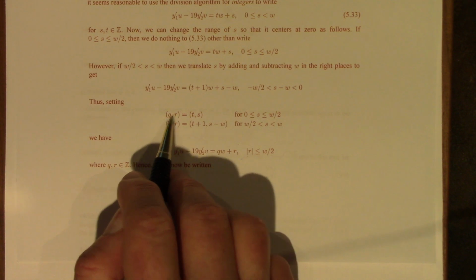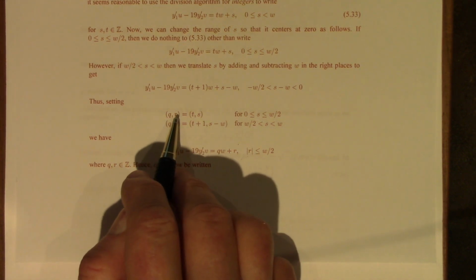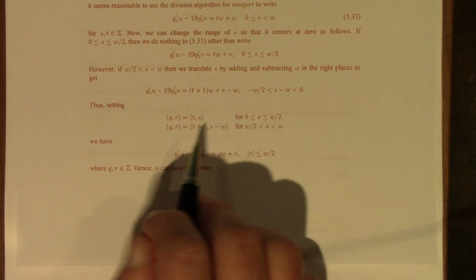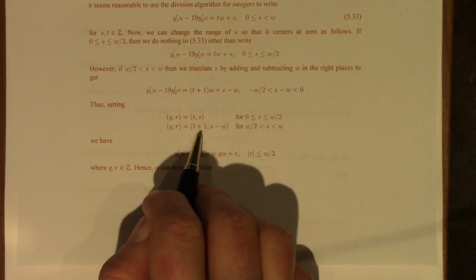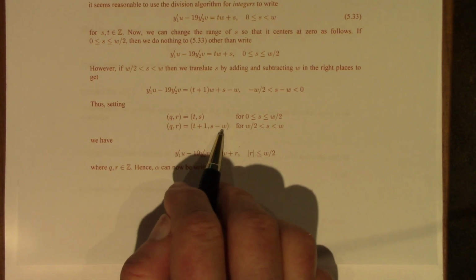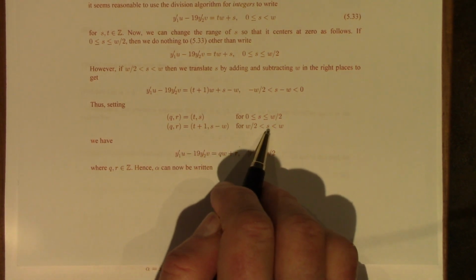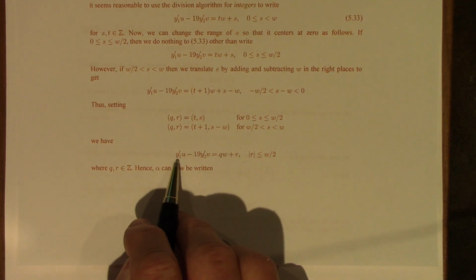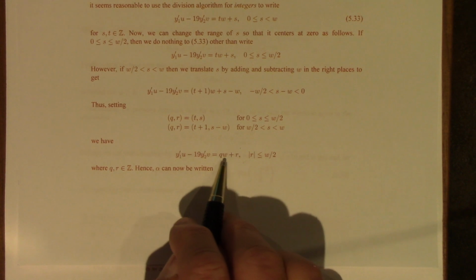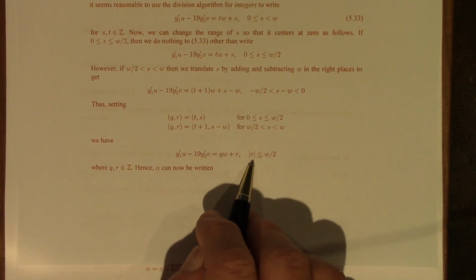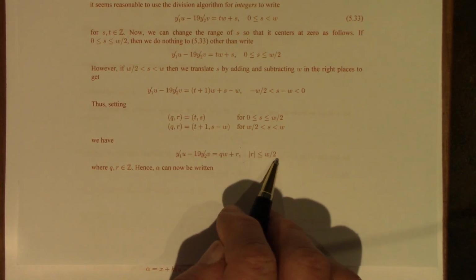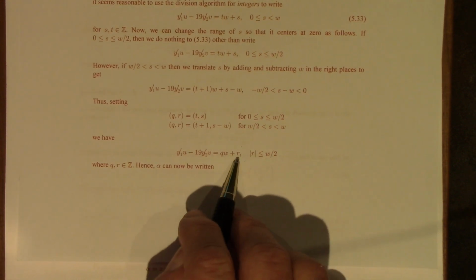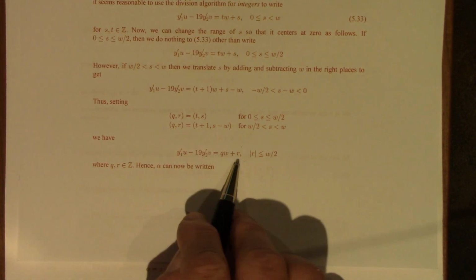So if we set q to be t and r to be s, if s lies in this range, and we set q to be t plus 1 and r to be s minus w, when s lies in this range, we can rewrite succinctly that this expression is qw plus r, where absolute r is less than or equal to w over 2. And q and r are integers. Everything here is an integer.